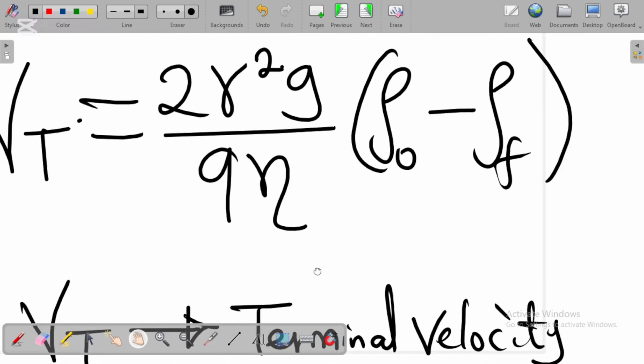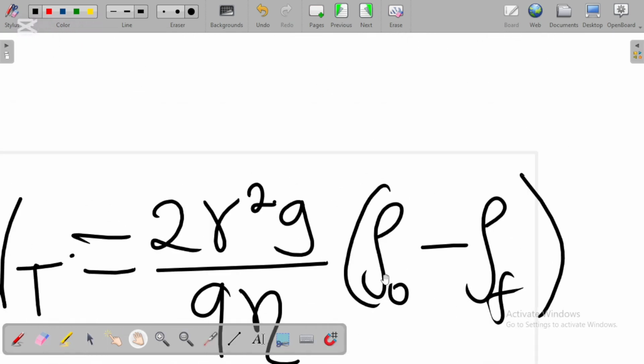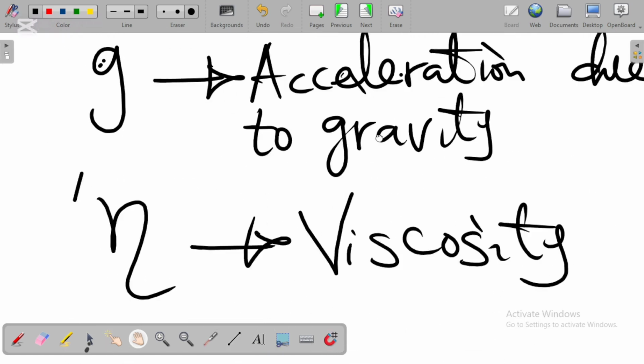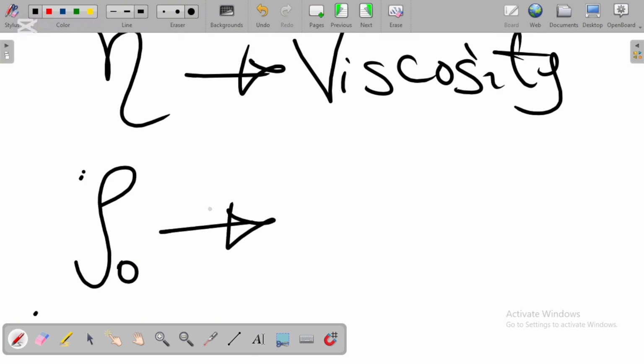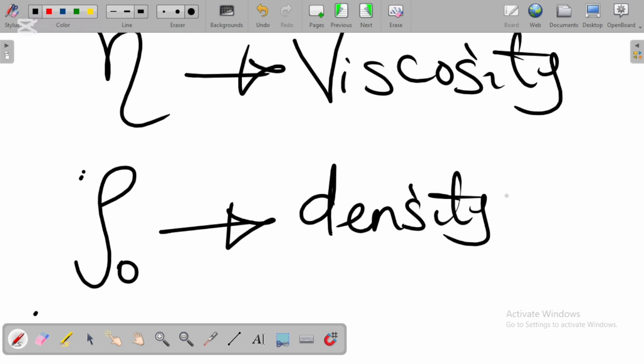Alright, so what's the next parameter given? We have rho naught. What is rho naught called? This is called the density of the falling object.